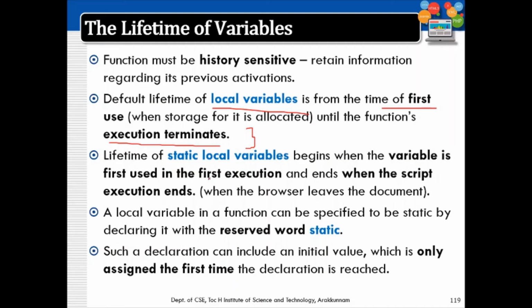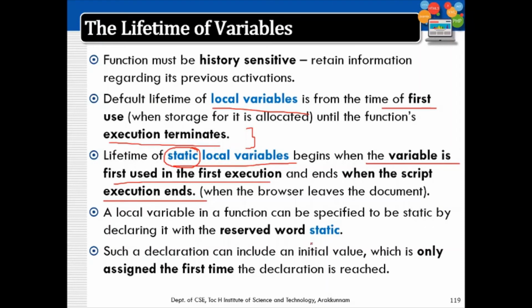But if you declare it as a static local variable, the lifetime begins when the variable is first used in the first execution till the script execution ends. That means when the browser is closed. So static variables have a lifetime till the end of that particular session. That means till we close that browser and exit from this.